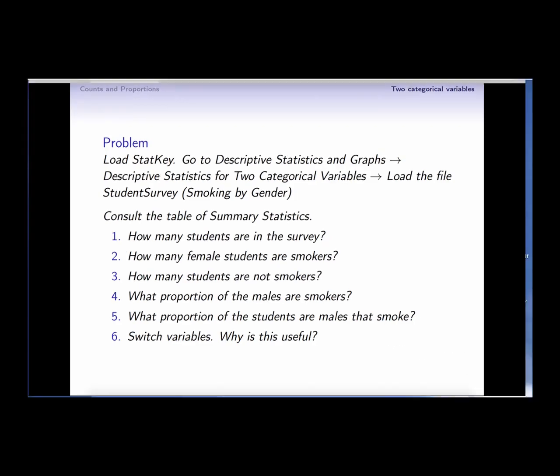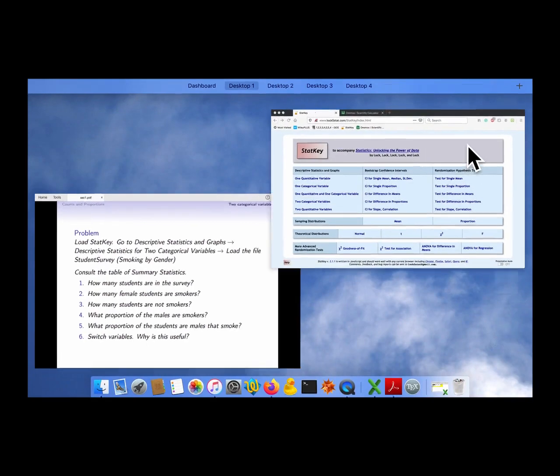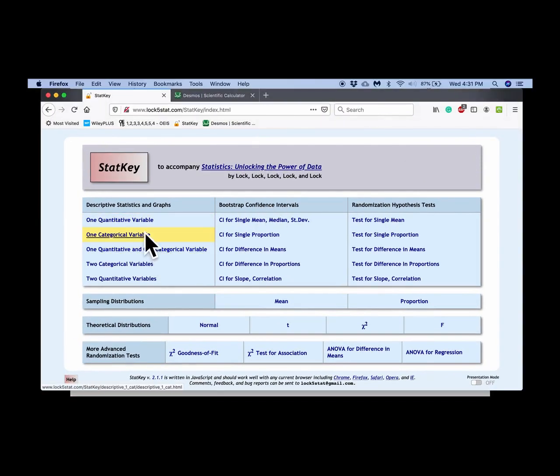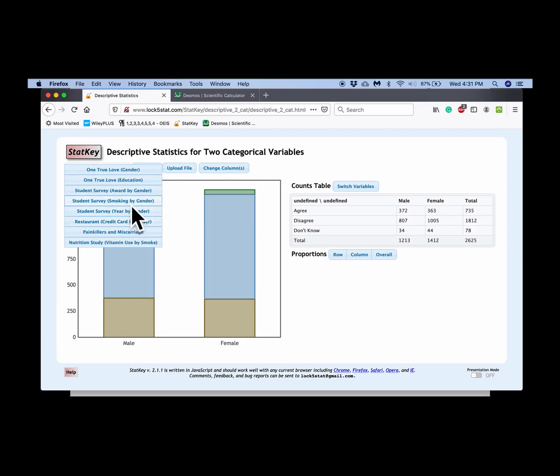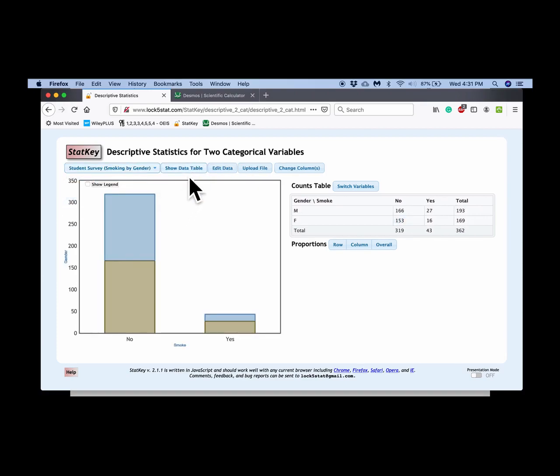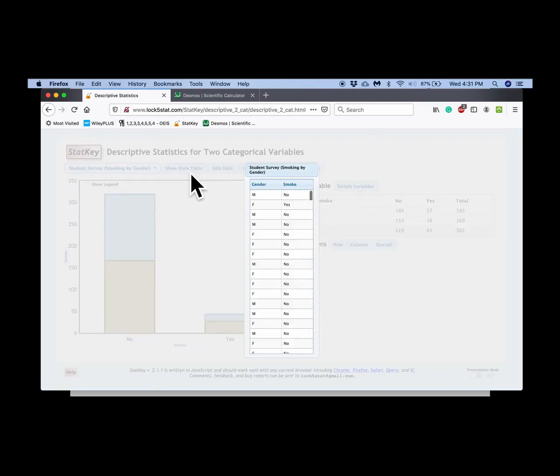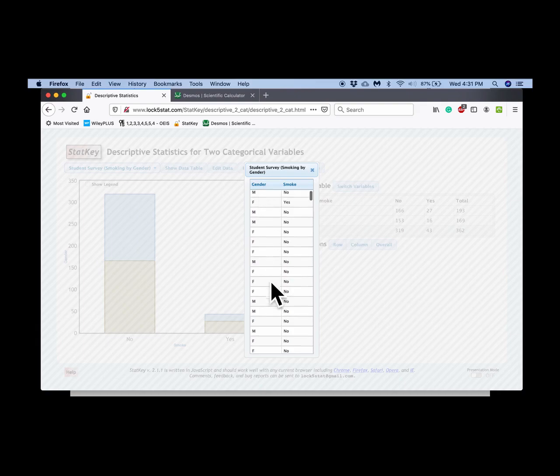Okay, so we're going to get StatKey started here, and we're working in descriptive statistics, 2 categorical variables, and the file we're interested in is Student Survey Smoking by Gender. Again, let's take a look at the data table so that we can get comfortable. As we suspected, we've got a bunch of rows, 1 row for each student.